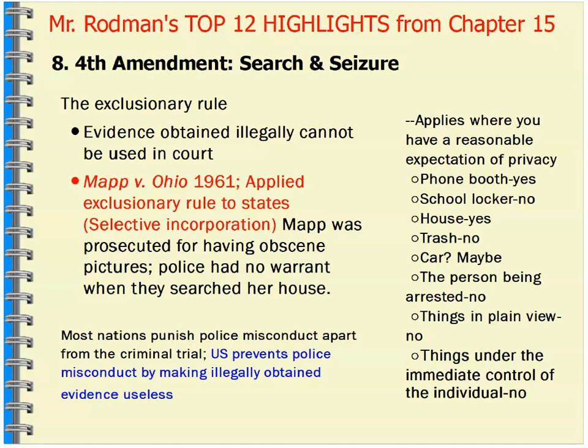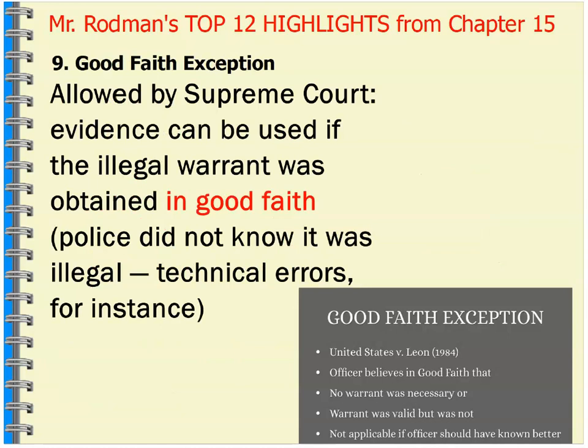And the Mapp v. Ohio case essentially selectively incorporated this, applying it to the states, since Ohio's law said you could search the house however you wanted to. You didn't have to have a warrant, and they proved that the Fourth Amendment did apply to states under that control.